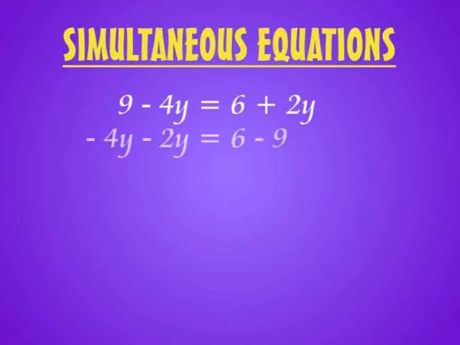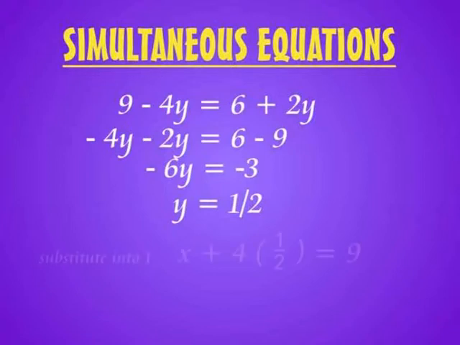That means that minus 4y minus 2y is equal to 6 minus 9. That means that minus 6y is equal to minus 3. y is equal to minus 3 divided by negative 6, which is equal to positive 1 over 2. That is my y value.